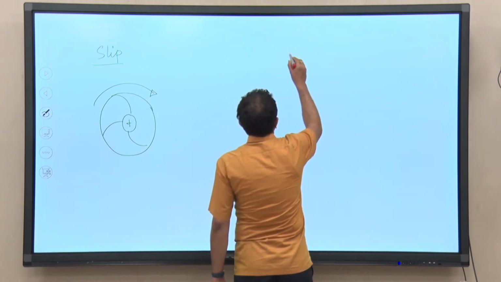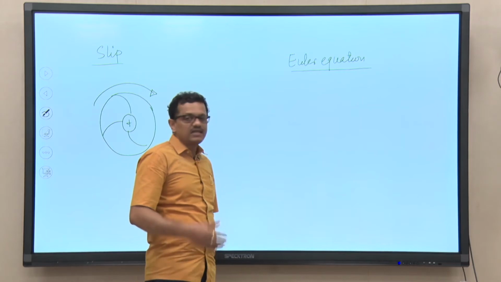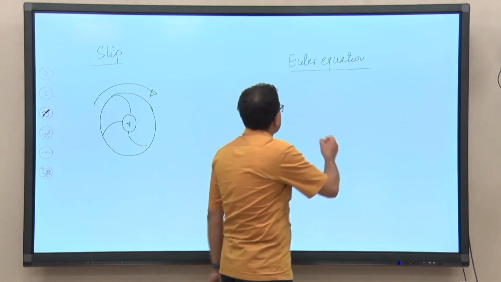Perhaps we have understood that the Euler equation is used to quantify this conversion of energy. The energy given to the pump as mechanical energy is converted into energy stored in the fluid in terms of velocity and pressure, and that is predicted by the Euler equation.